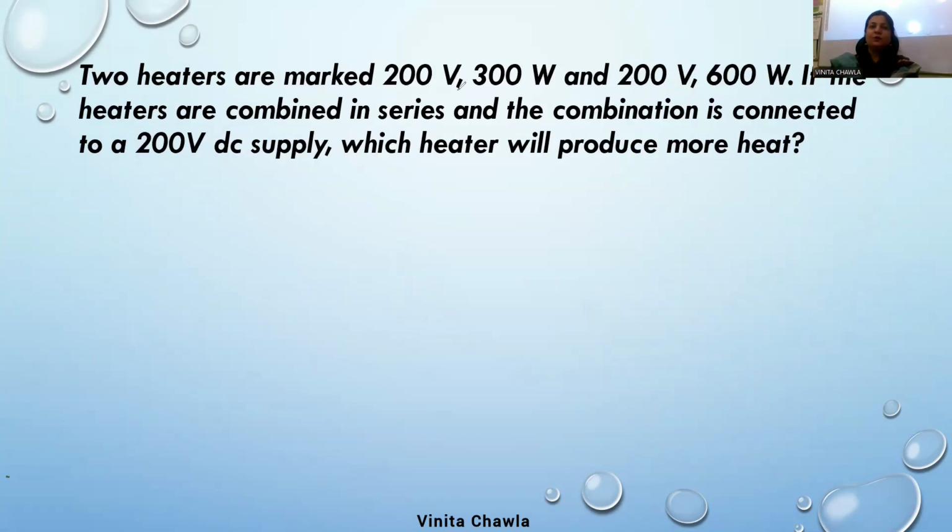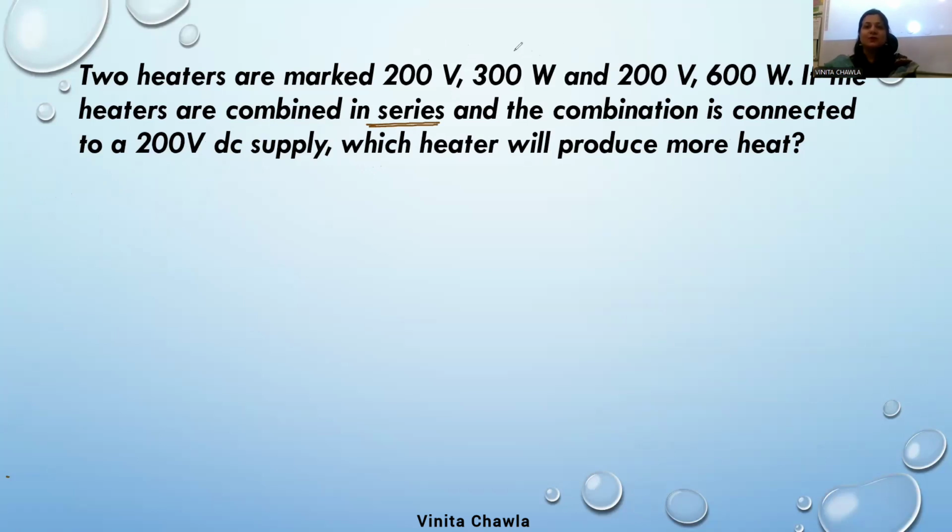200 volt, 300 watt, 200 volt and 600 watt heaters are combined in series, and the combination is connected to a 200 volt DC supply. Which heater will produce more heat? Find answer. Let's consider this as, see, because this voltage is 200 volt.